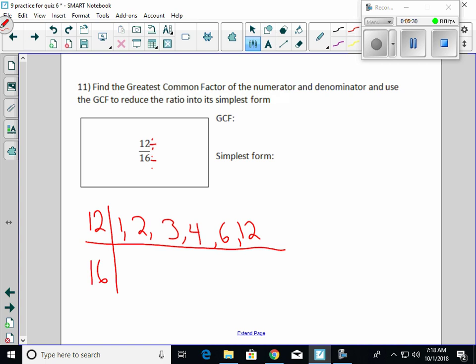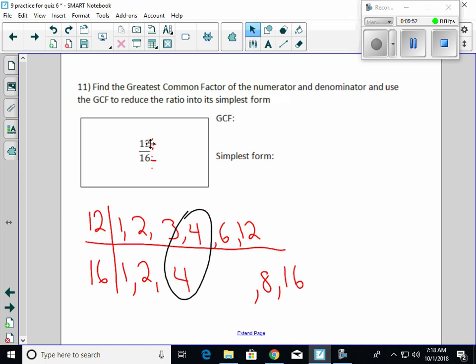For 16, 1 times 16. 2 times 8. 3 doesn't work, but 4 times itself is also 16. So the biggest number they have in common is a 4. So that's what we're going to divide by.